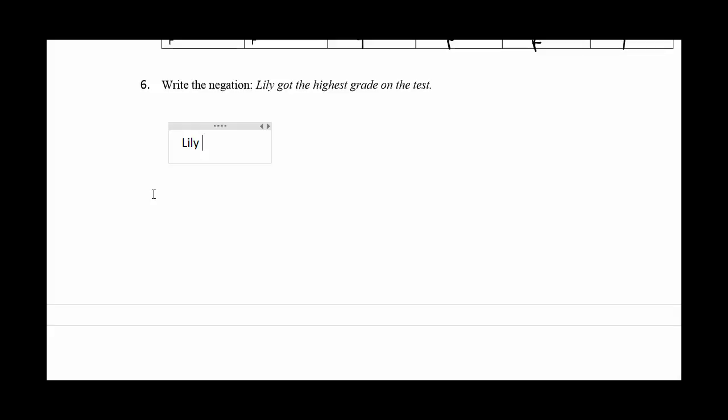So it's really easy to go, Lily got the lowest grade, and think the lowest is the negation of the highest, and that's not actually the point. If Lily got the highest is the original statement, the negation of that is Lily did not get the highest. So we just really have to put the word not in there, and minimize the other words that we change.